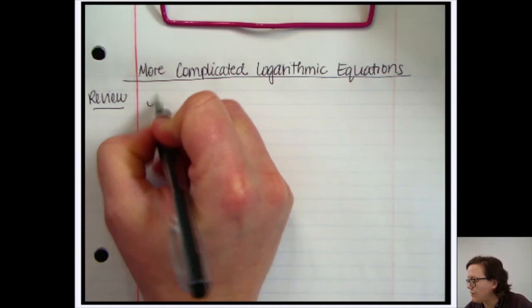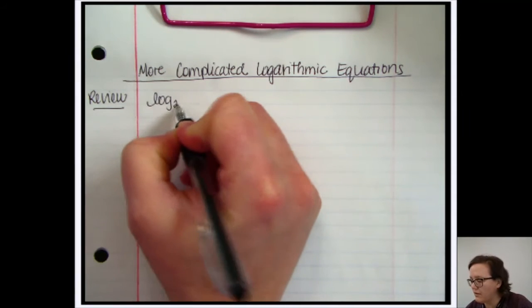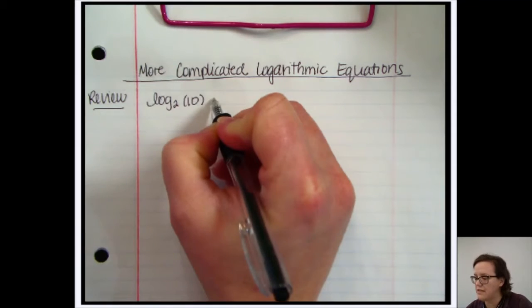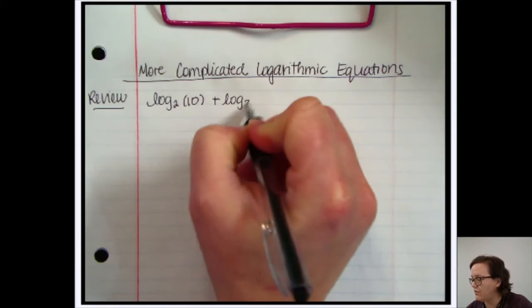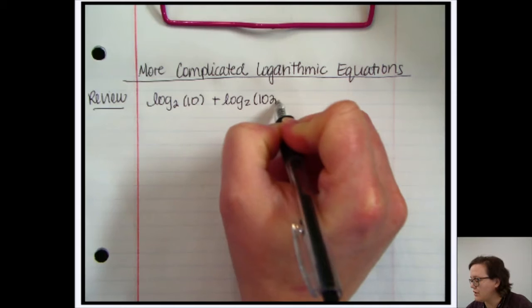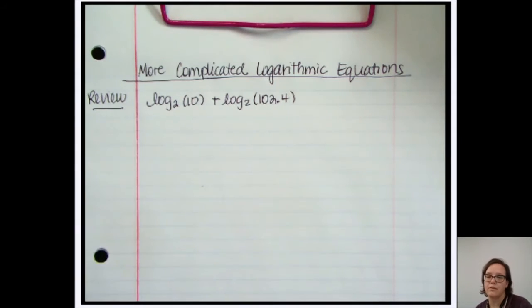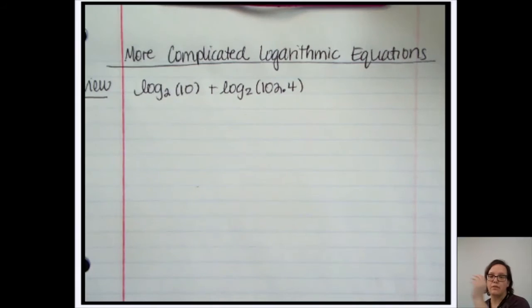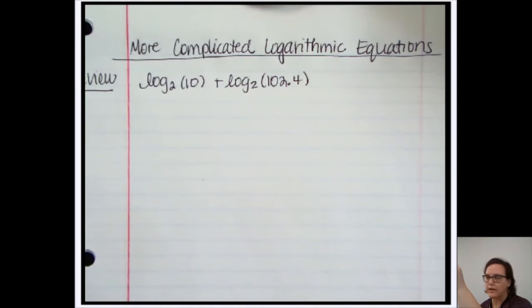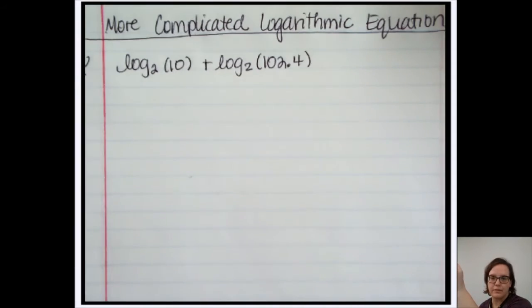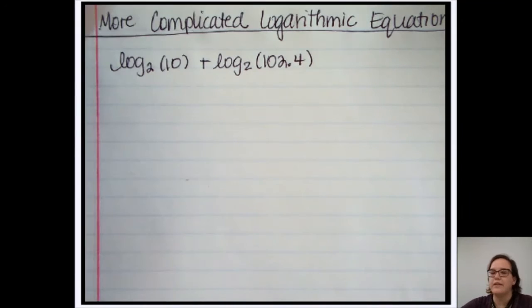So let's review some of our properties. Let's take log base 2 of 10 plus log base 2 of 102.4. Here we have an addition.